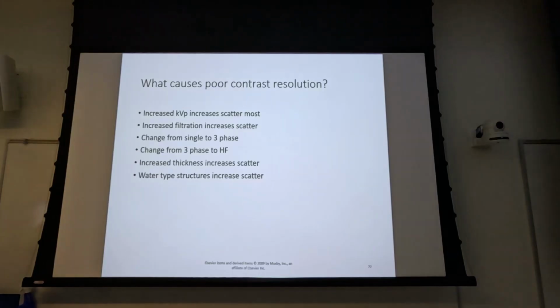So I expect that may be something that you'll have to adjust to in the future, is learning to use higher kVp techniques. It seems like the literature may have a 10-year lag before it catches up to what the practice is.